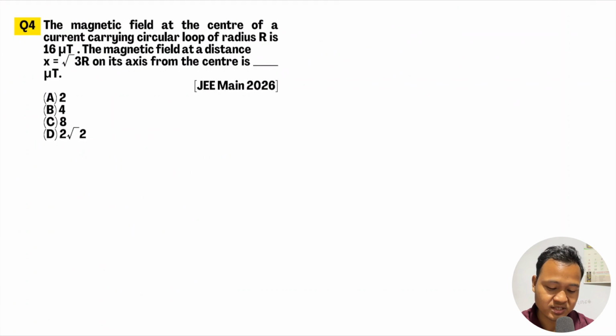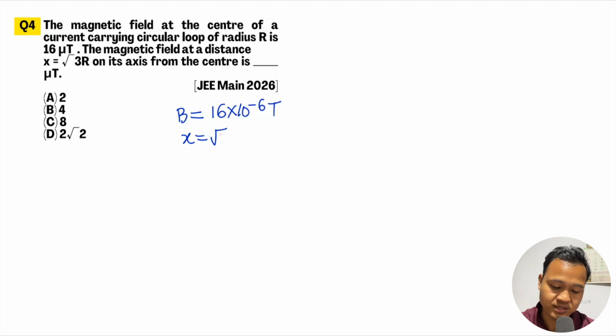The magnetic field at the center of the current carrying circular loop. So here you're given what? B is given, the magnetic field, that means 16 into 10 power minus 6 Tesla, micro is 10 power minus 6.